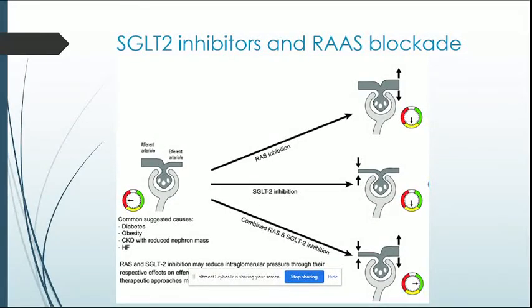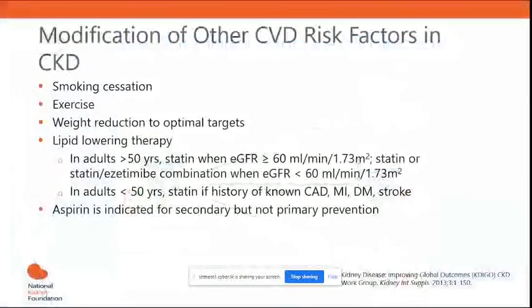When you use SGLT2 inhibitors, the afferent arteriole is constricted. When you use both combined, ACE inhibitor or ARB and SGLT2 inhibitor, you almost restore the hemodynamic changes that occur due to diabetes. These are the key in the management of early diabetic kidney disease.